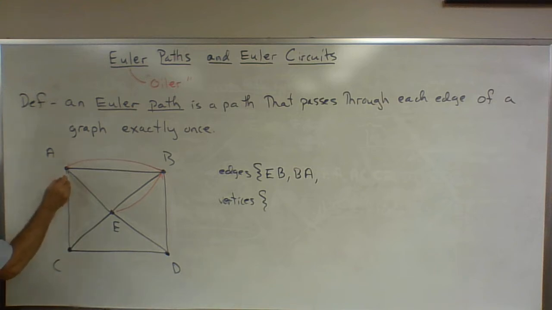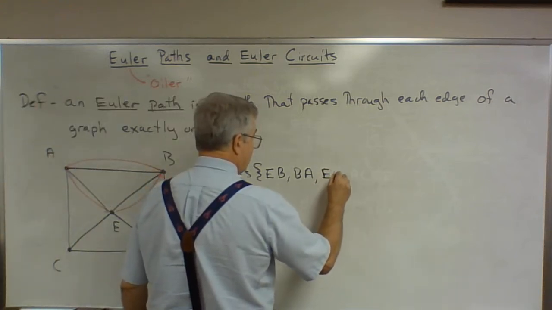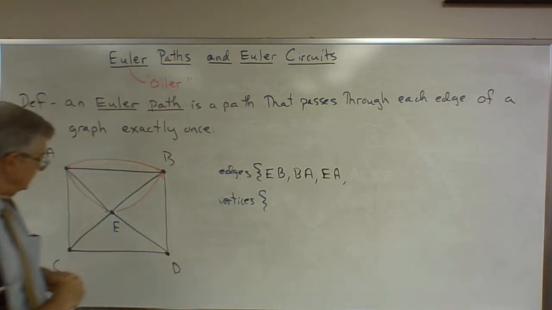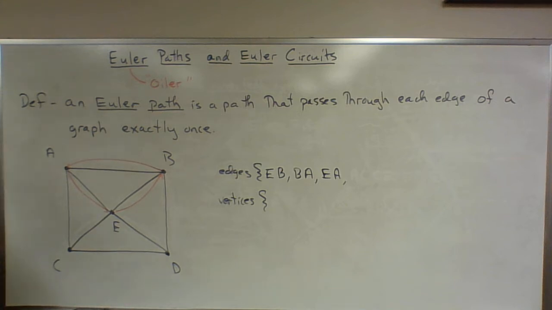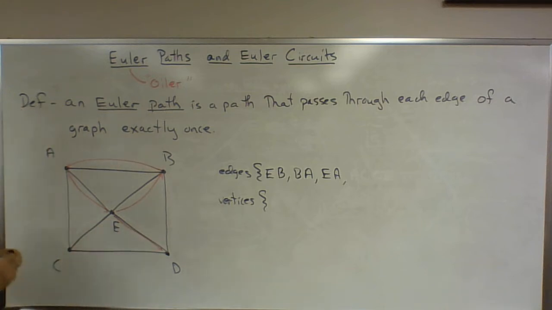And now what the heck, I'll go back to E. So I'll go from A to E. And what the heck, keep on going. I'll go from E to D.